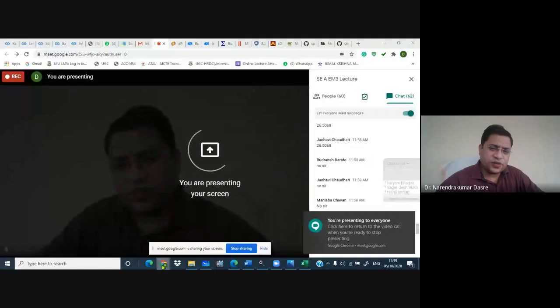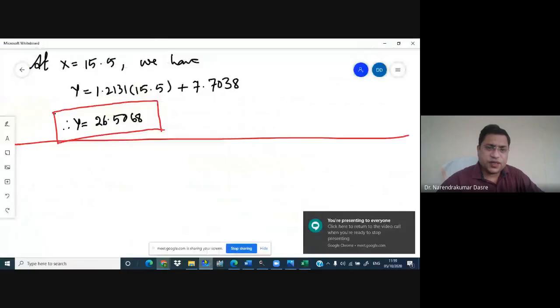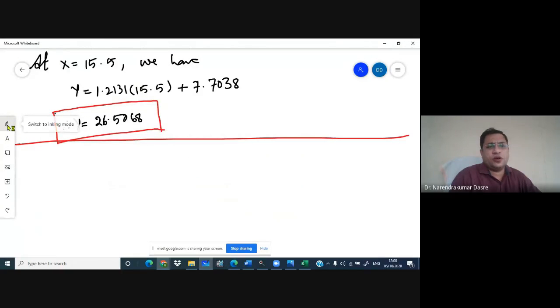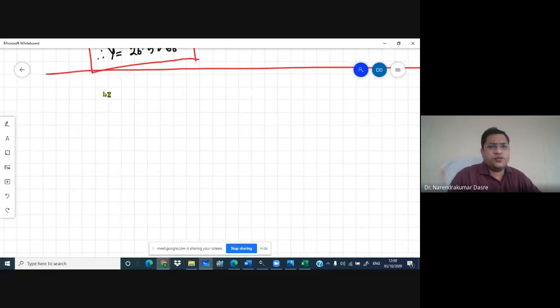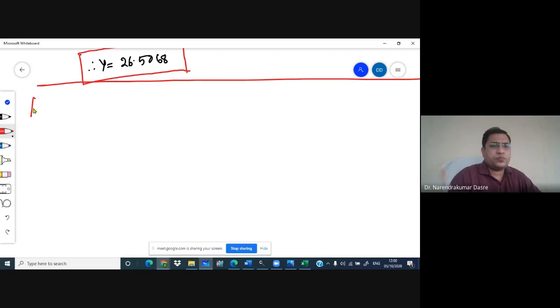So let us try to solve another problem. Okay. So now what we need to understand is the relation between the R, the coefficient of correlation, and the coefficients of regression. So in the starting only I have given you the formulae for the relation between the coefficient of correlation and the regression coefficients.